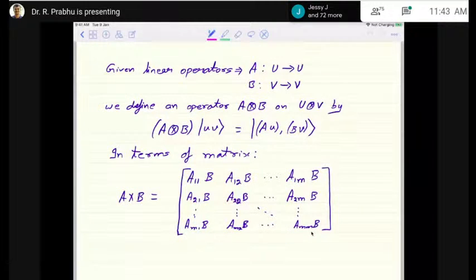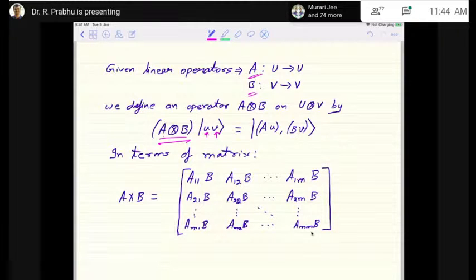For example, if you have some linear operator A which takes U to U and B which takes V to V, that means any element of U can be transformed into any other element which also belongs to U. That transformation operator is A, and similarly any element in V will be transformed into any other element which belongs to V, and that operator is given as B. Now this A tensor product B operator acting on uv means that A should act only on the first particle and B should act on the second particle, or second vector.